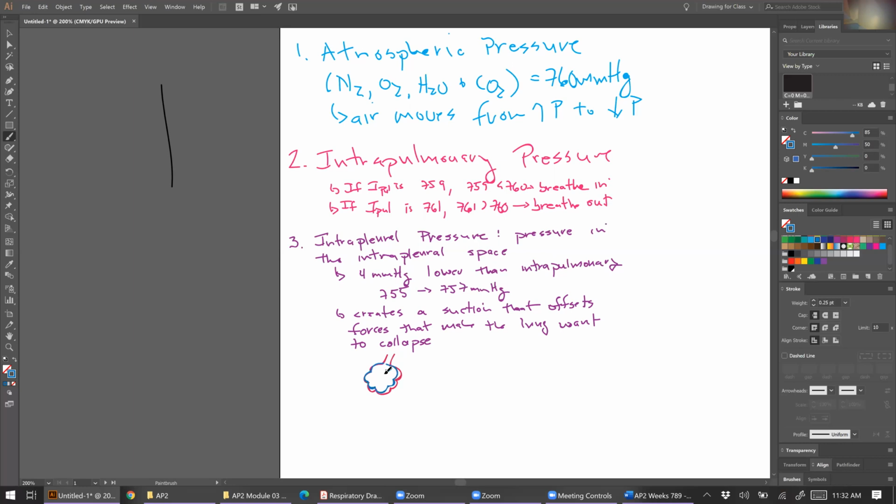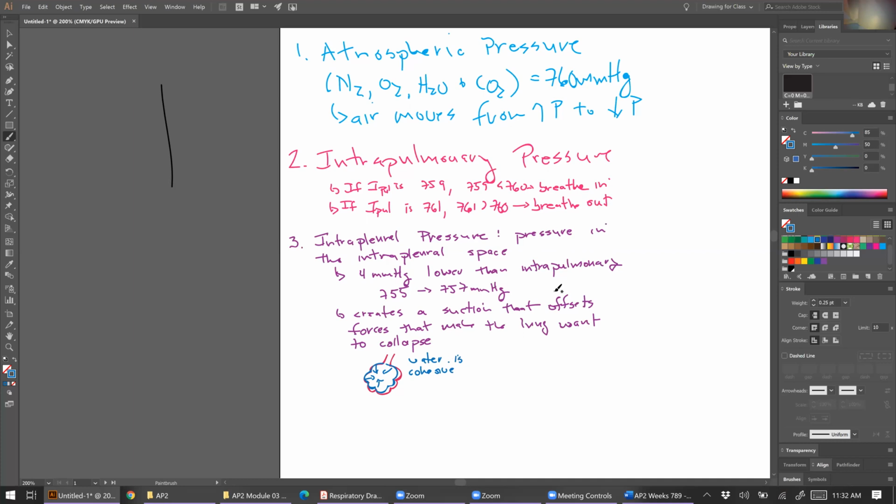And all that water is cohesive. So let's just write water is cohesive, which means if you spill water on the table, it forms droplets. There's hydrogen bonds between water molecules that suck water together. And so water is attracted to itself. And if it's in the alveolus, it's attracting the alveolus to collapse.